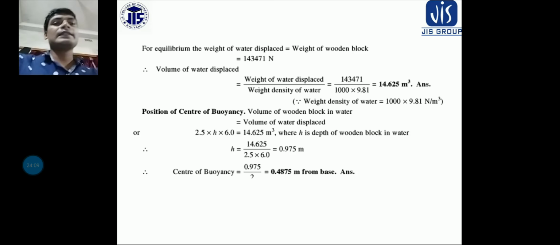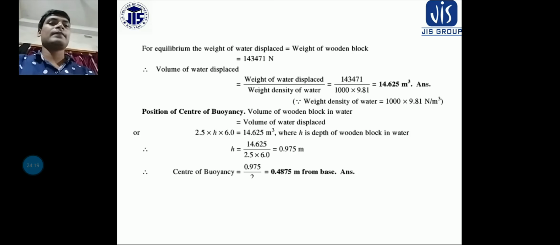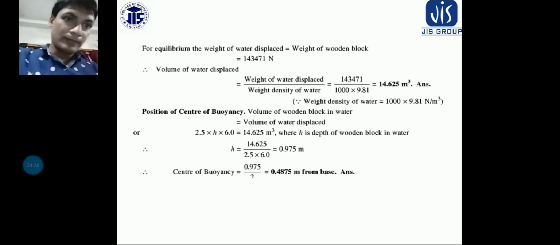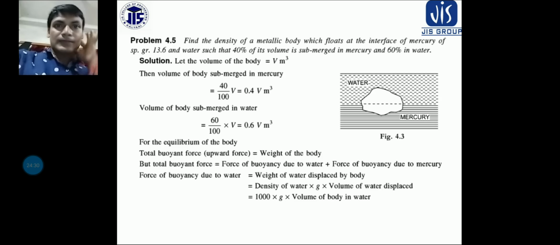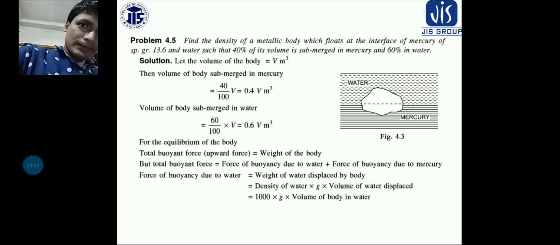So the center of buoyancy is 0.975 by 2, that is 0.4875 meter from the base, because we know that it is at a height of h by 2. So this is the correct answer: the center of buoyancy is 0.4875 meter from the base.